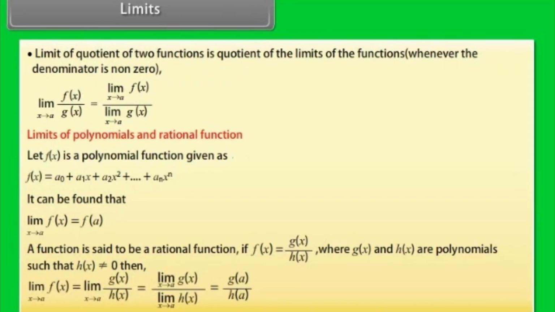Then limit x tends to a of f(x) is equal to limit x tends to a of g(x) by h(x) is equal to limit x tends to a of g(x) by limit x tends to a of h(x) is equal to g(a) by h(a).